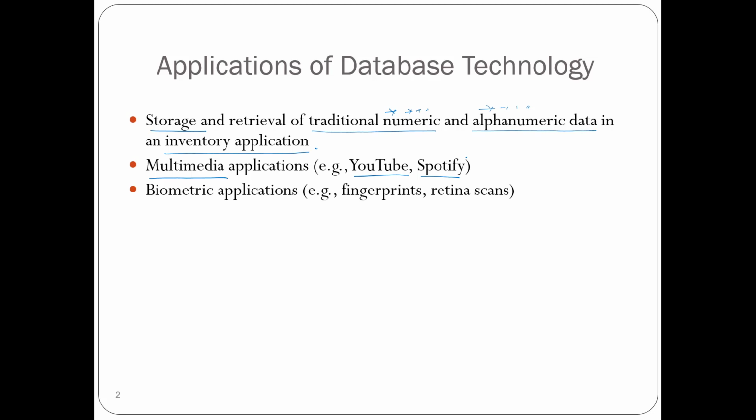Let's move on and look at one more class of database application, the biometric application. We find this more often when we are traveling internationally, in security systems. If you're taking an international flight, they might take your fingerprints, and in some cases they might even scan your retina.